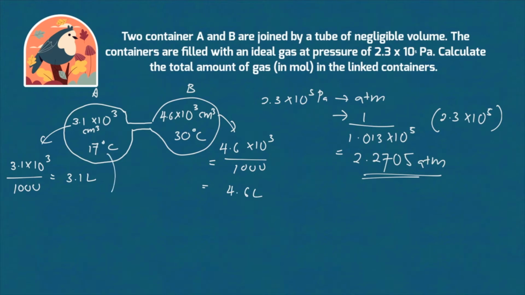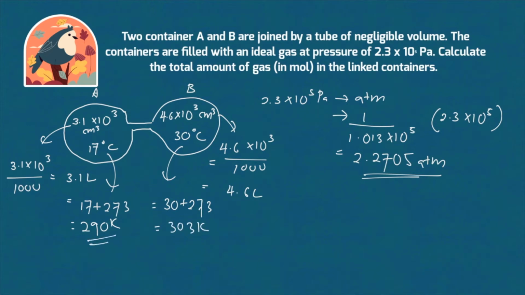So again, we need to convert the temperature. So 17 degrees Celsius plus 273, so you should get 290 Kelvin. Same goes with this one. For container B, 30 plus 273, so you should get 303 Kelvin.